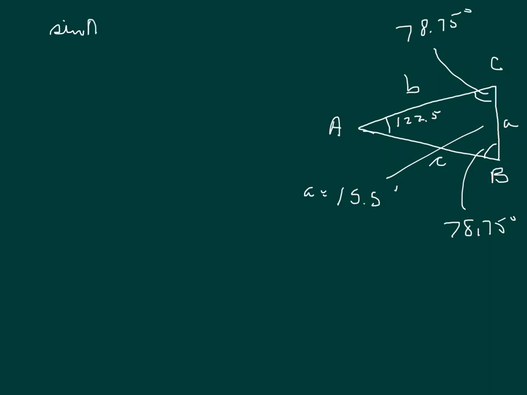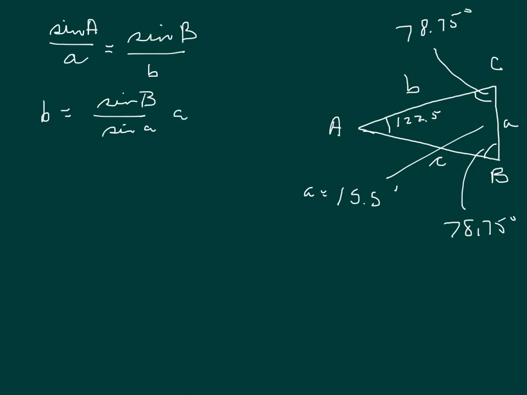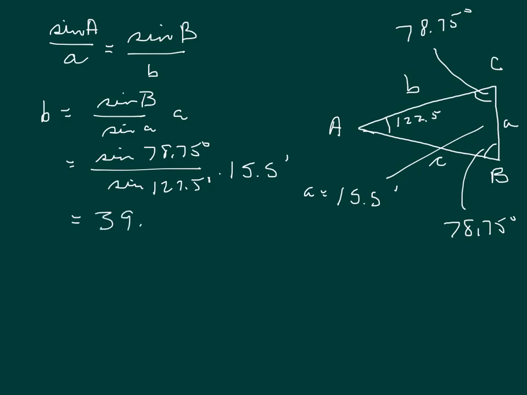Using the law of sines, we have the sine of A over A is equal to the sine of B over B. B is equal to sine B over sine A times A. Sine of 78.75 degrees over the sine of 22.5 degrees multiplied by A, which is 15.5 feet, gives us an answer of 39.7 feet.